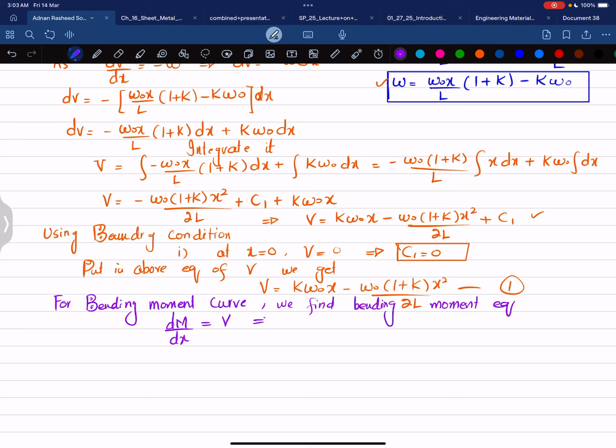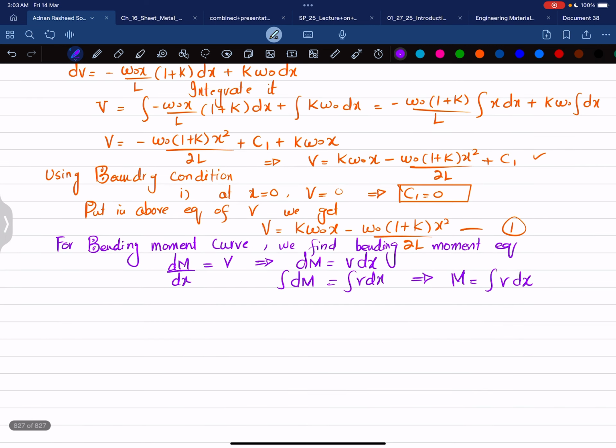From here we get dM equal to V into dx, and if you integrate on both sides, it gives us the integral of V into dx. So the moment will be equal to the integral of V into dx. Now put the value of the shear force, which is K into W naught x minus W naught into 1 plus K into x square over 2L, into dx.